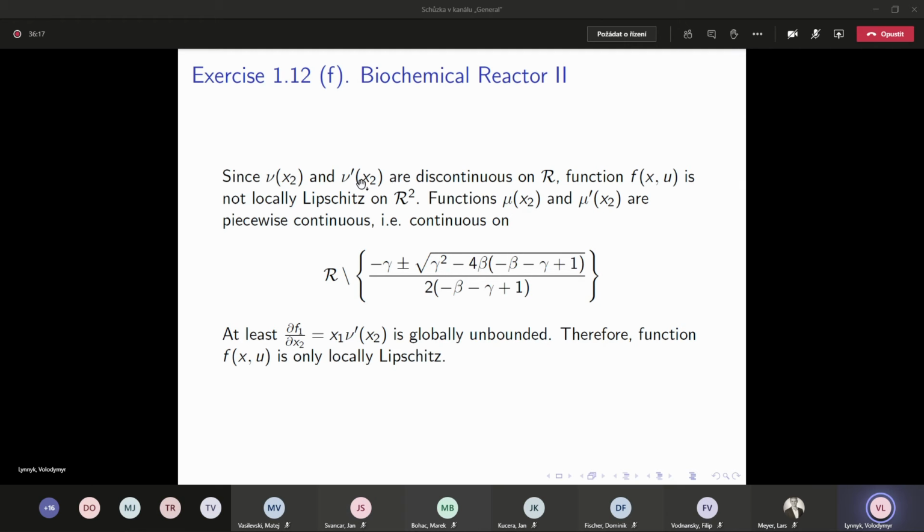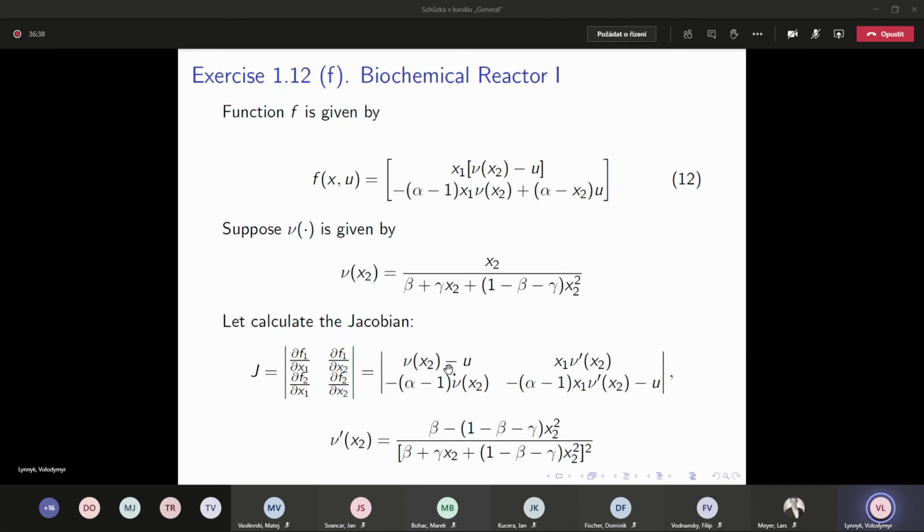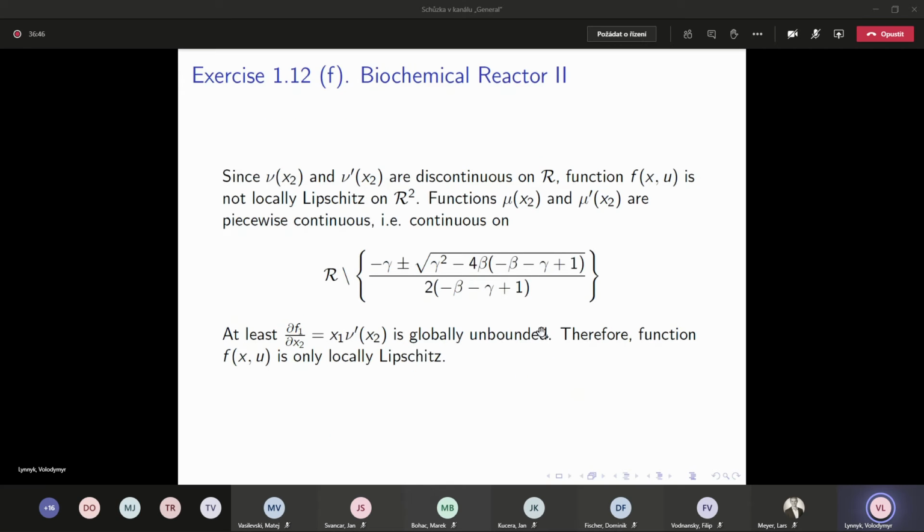Not mu but nu, function nu, this is a mistake, sorry. Therefore, the function f is only locally Lipschitz.